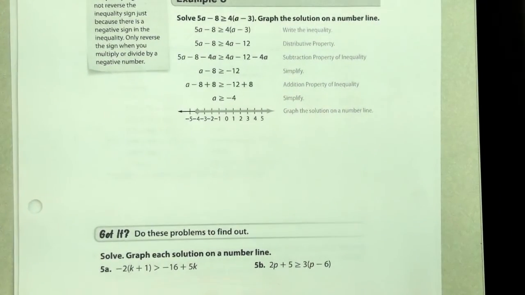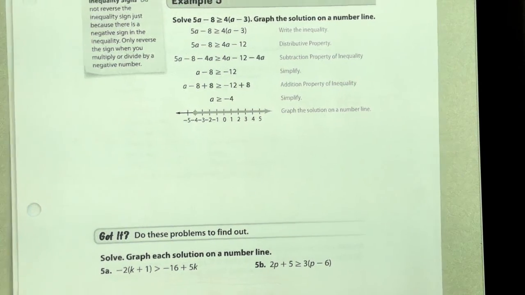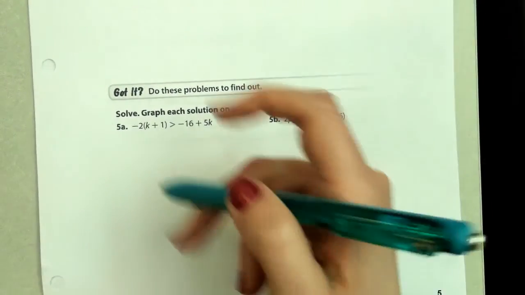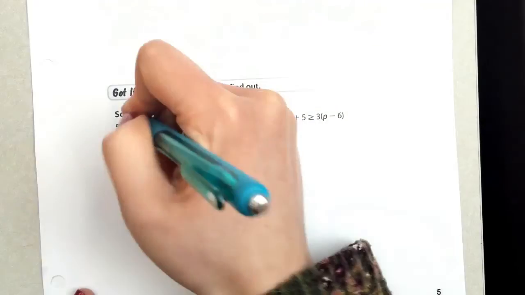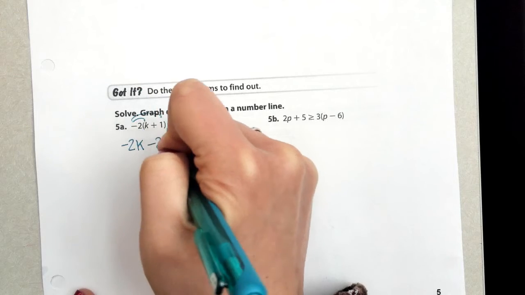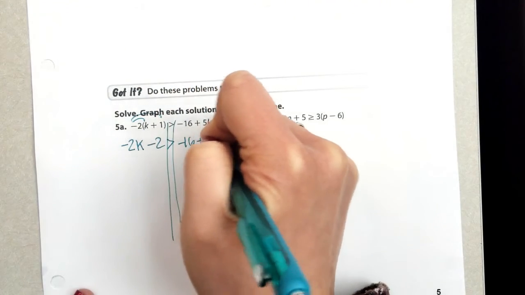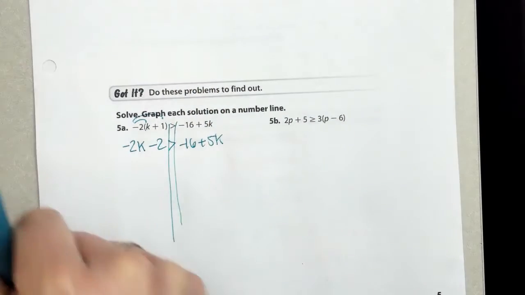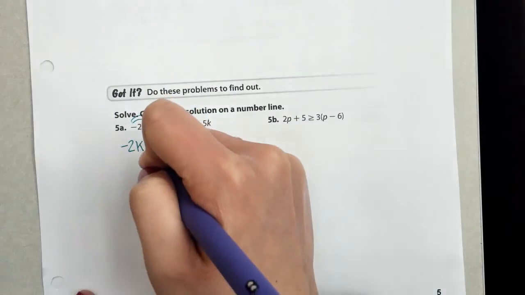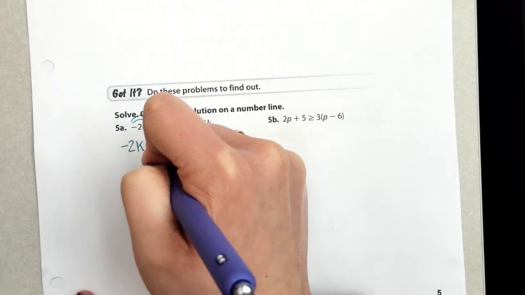And the last thing is distributing with inequalities. So on this one, I would distribute through. That would be negative 2k minus 2 is greater than negative 16 plus 5k. From here, I could start with any of them. I'm just going to add 16.